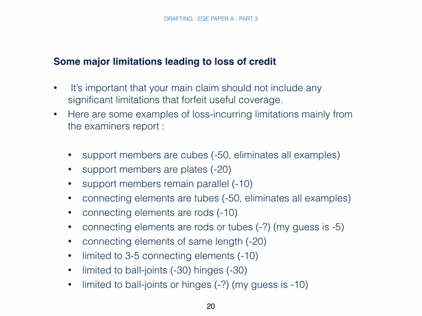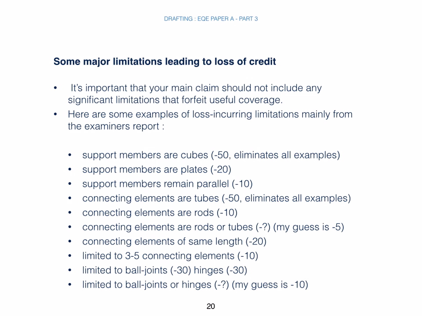If you should limit the connecting elements to being tubes, you will eliminate coverage for all of the client's examples, and you will lose 50 points out of 50. You will get 0 points for your claim. If you limit the claim by saying that the connecting elements are rods, you lose 10 points.